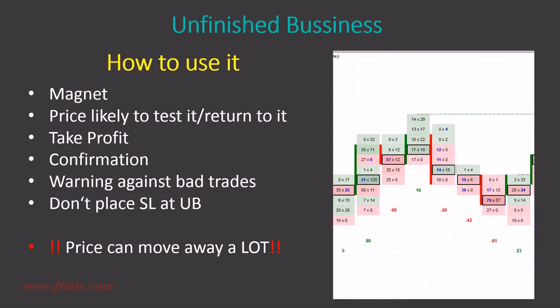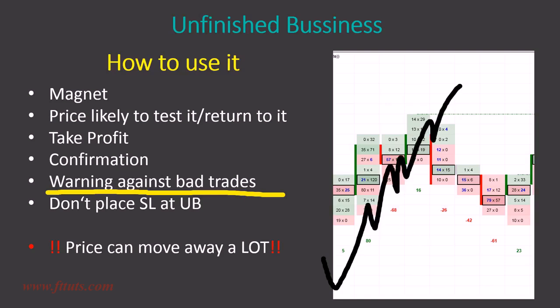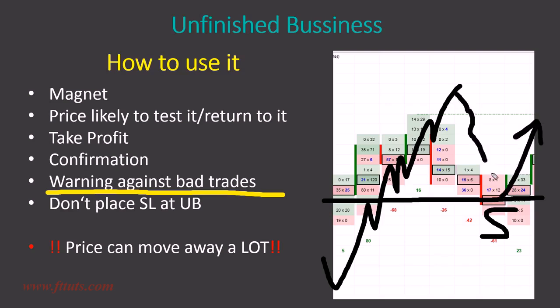Another way how you can use it is sort of a warning against bad trades. Imagine that there was, for example, some uptrend like this, and you are thinking about going long from a support in here. Let's say that there were, for example, heavy volumes in here, so it should work as a support. You would go long from there if there was a pullback.